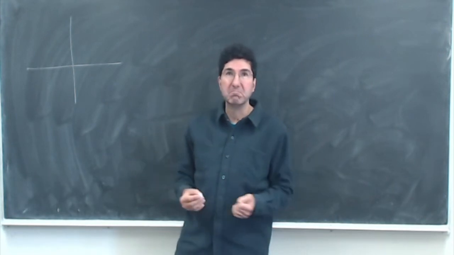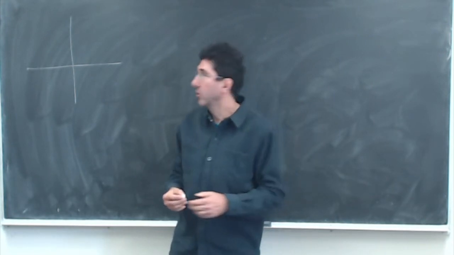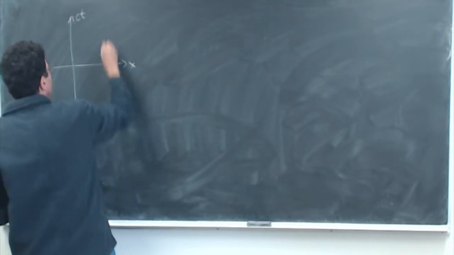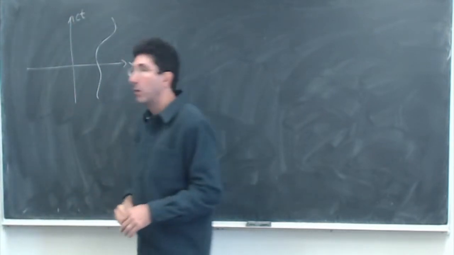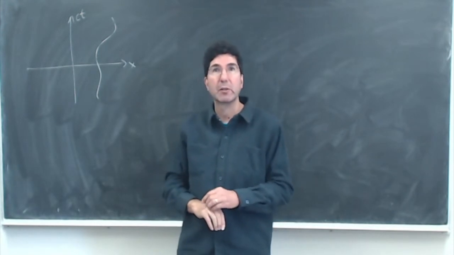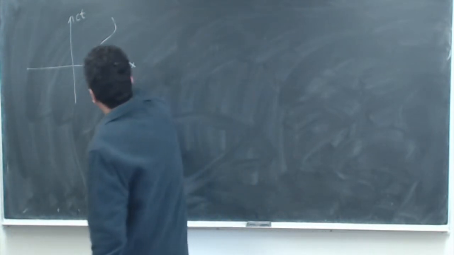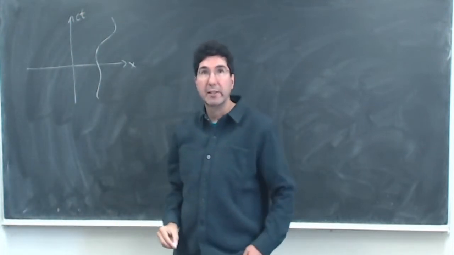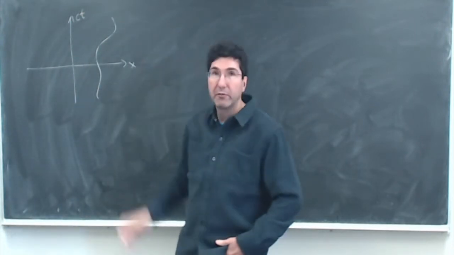And later we'll get to some tensors. So we have a space-time diagram, and suppose we have some particle whose motion we're trying to describe. This particle has a world line, and this world line tells us the history of this particle.